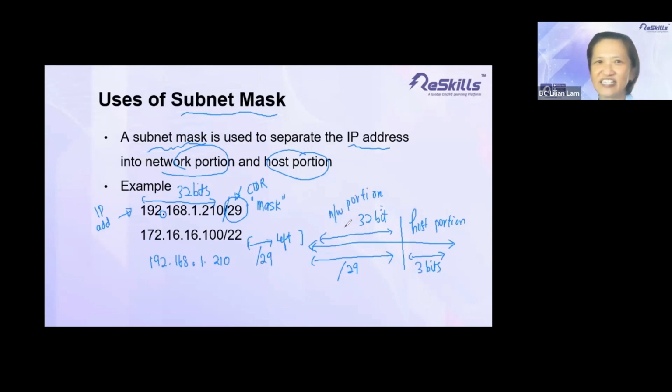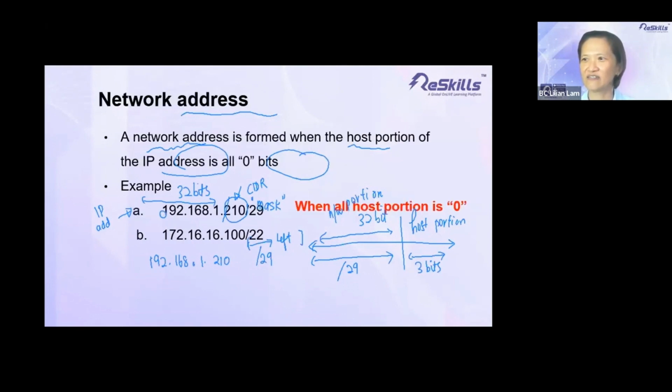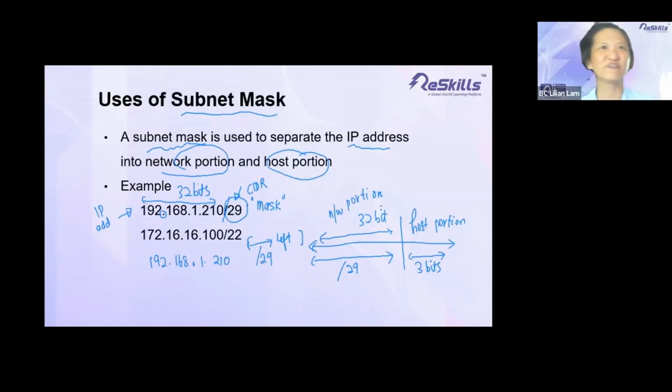And in order to see this better, we have to convert to binary. Let me see whether I actually allocated the next slide. Yes. Okay, let me just show you from here. Now 192, if you remember, we just converted 192 to 8-bit binary: 11000000.